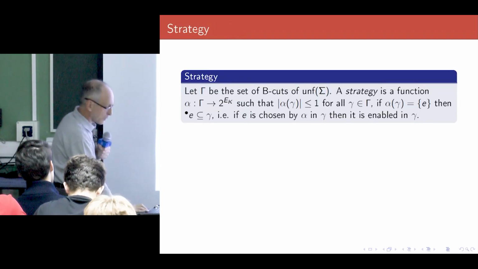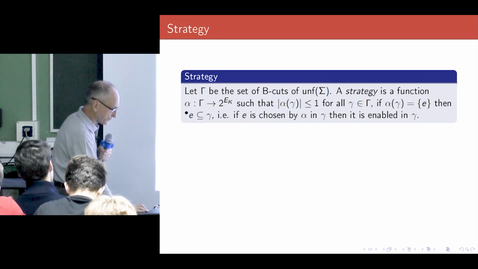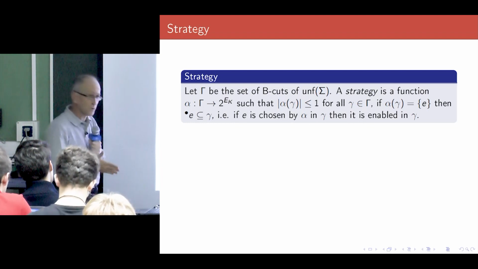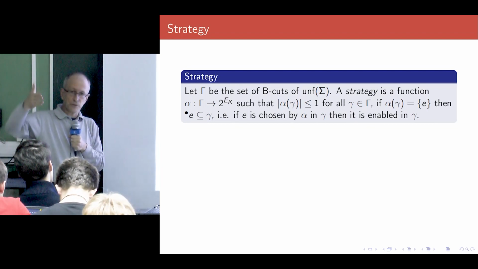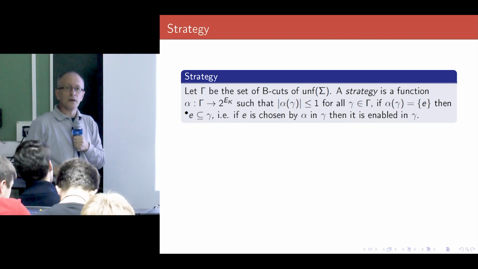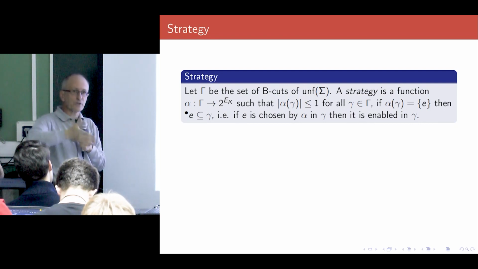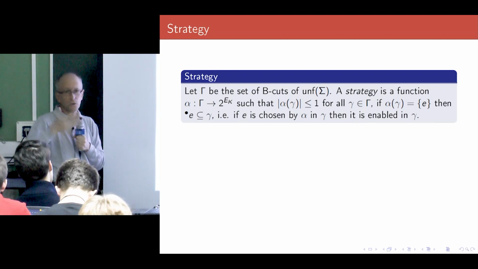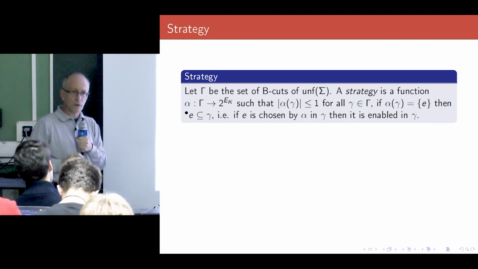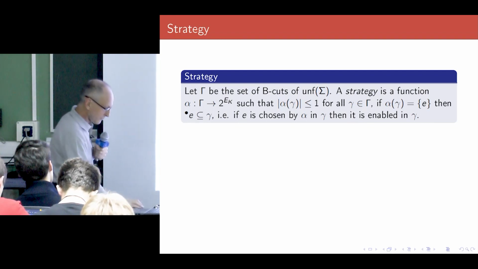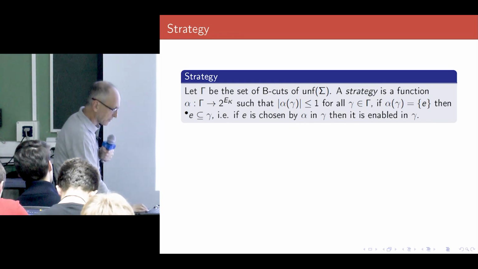So this is the formal definition of a strategy. It's a function from the set of these snapshots, this representation of the actual current state of the system, to the set of controllable events. And there are some technical restrictions, but they are not very important now.